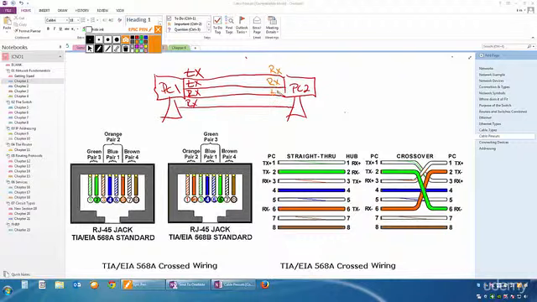Receive, transmit. Now, does this make sense? Because now when PC1 is transmitting, guess what PC2 is doing? He's getting PC1's transmission on his receiving end. That makes sense. But remember, these network cards are all built the same.